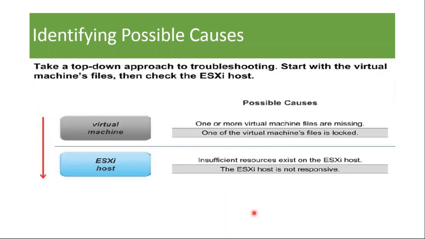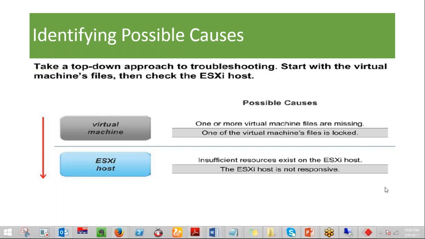Okay, moving to the next slide. For a virtual machine power-on issue, you have to take a top-to-down approach to troubleshooting. Start with the virtual machine files, then check the ESXi host. As part of the top-to-down approach, you first verify virtual machine related files. One or more virtual machine files may be missing, for example the .vmx file.